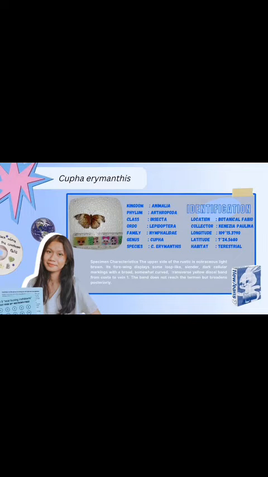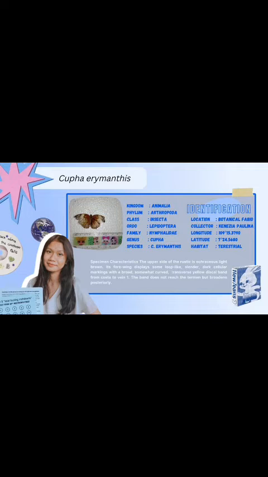by Kenezia Paulina Alfons. Now I'm going to explain my specimen called Cupha erymanthis, or brush-footed butterfly. Cupha erymanthis has the classification kingdom Animalia, phylum Arthropoda, class Insecta, ordo Lepidoptera, family Nymphalidae, genus Cupha, and species Cupha erymanthis.